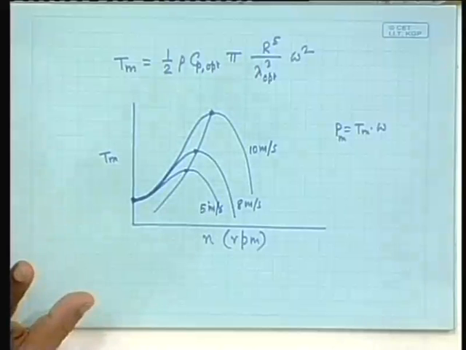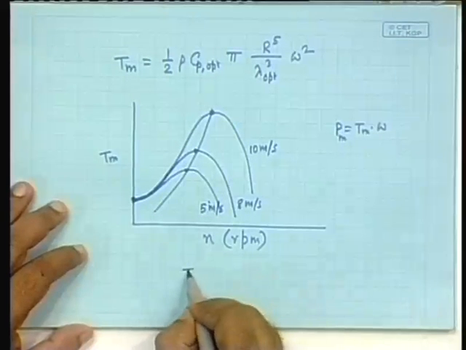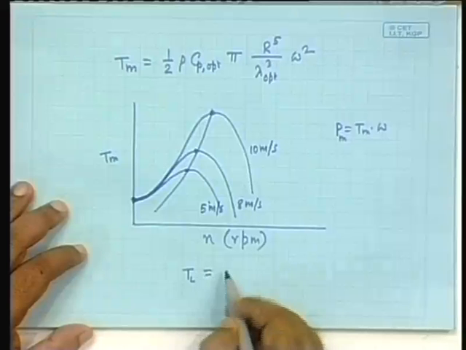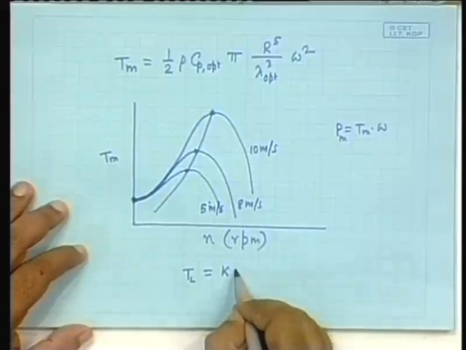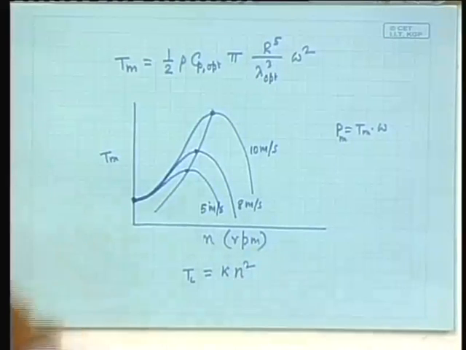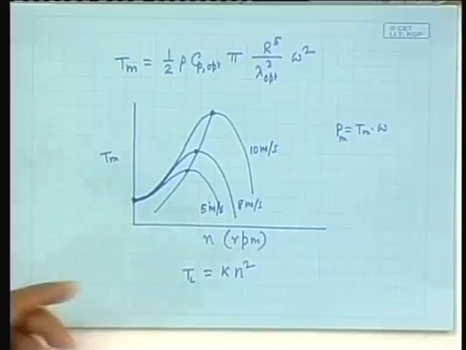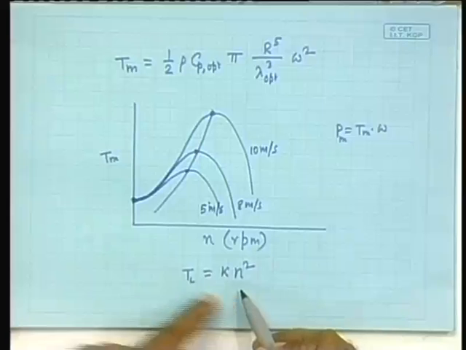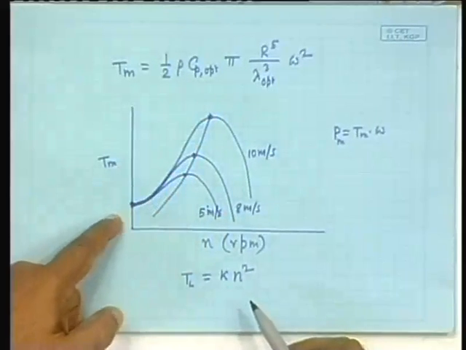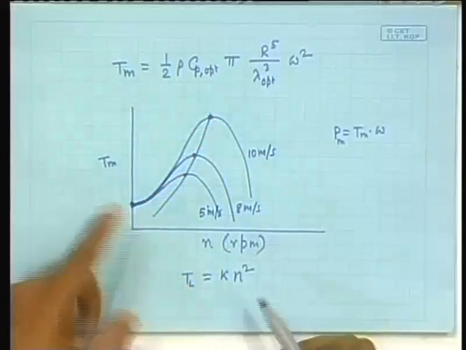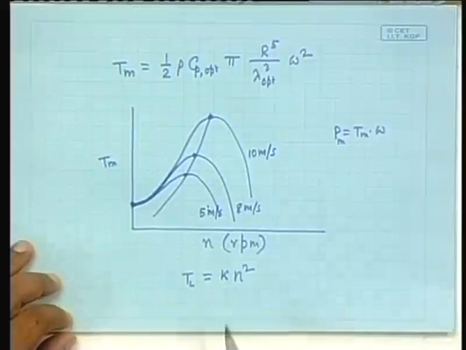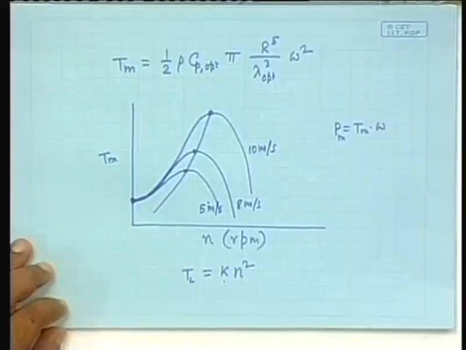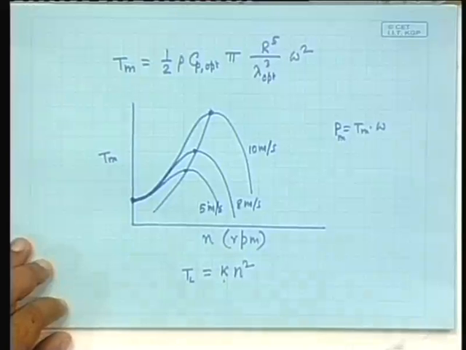So, you would like to have TL equal to some constant of proportionality k times n squared, right, because the generated torque had this same characteristic, so the load torque should also have the same characteristic, so that it operates exactly here. But notice what happens if you wrongly choose k, the constant of proportionality.